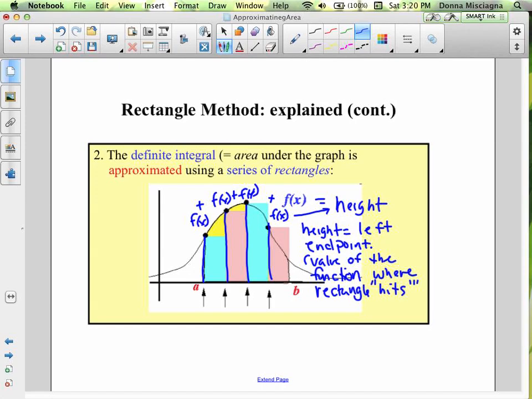Hits, intersects. I just want to make sure you understand that the rectangles are not going to be the same if I use it where it hits the function, the value of the function on the left-hand side.